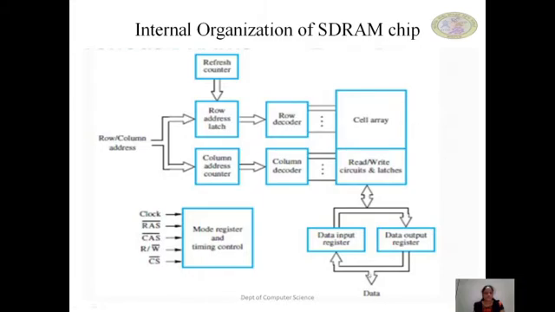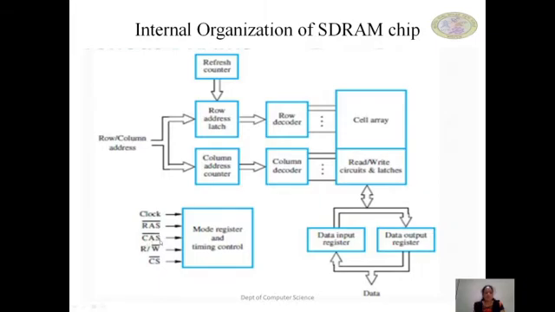In synchronous DRAM, there is one more module called a mode register and a timing control, where the clock signal is provided. The mode register makes the memory chip operate in different modes. So for the mode register, the clock signals are provided. Along with the clock signal, the RAS signal, that is, the row address select signal, is provided.